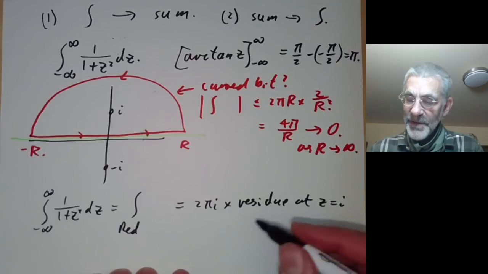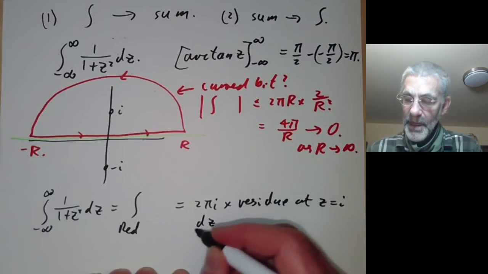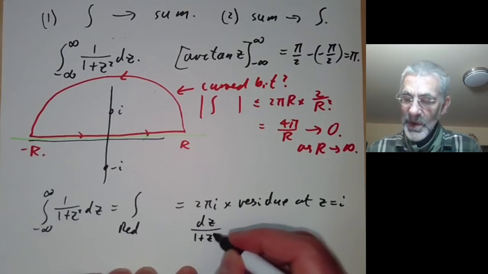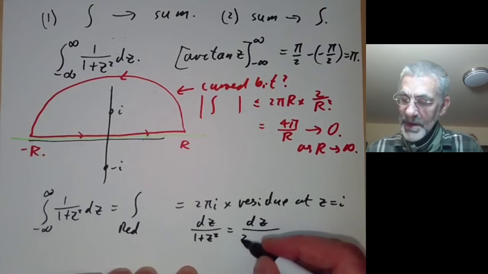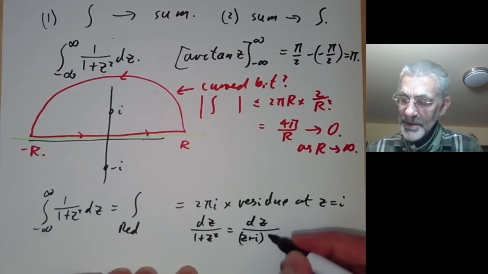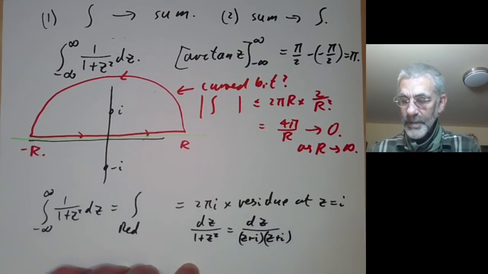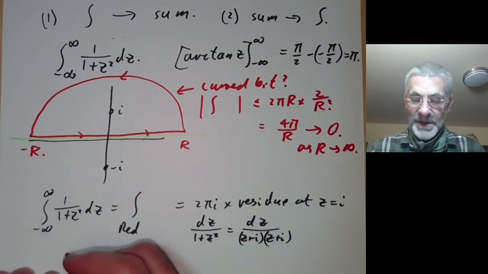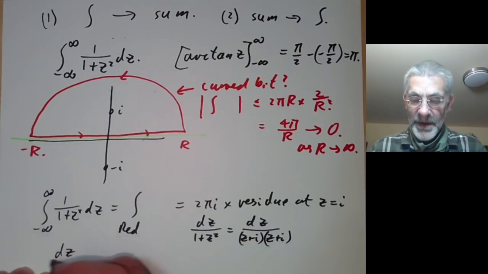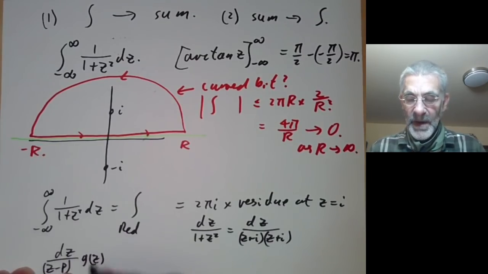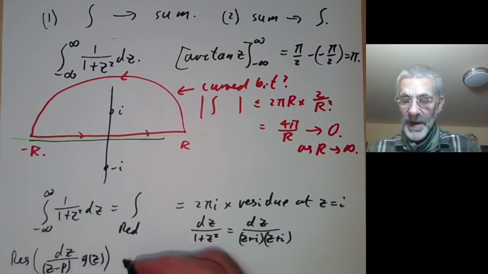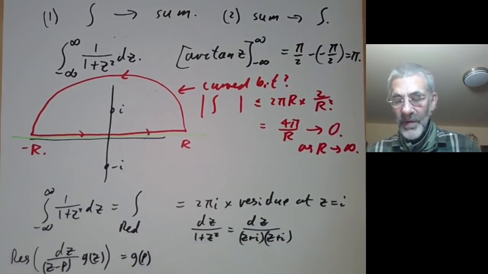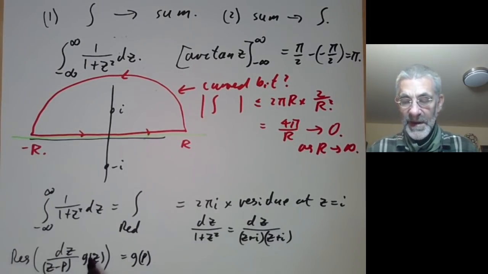So now we need to figure out what is the residue at z equals i. What we're trying to figure out is the residue of dz over 1 plus z squared. And it's useful to write this as dz over z minus i times z plus i. Now we notice the residue of dz over z minus p times g of z at z equals p is just g of p, provided g of z is holomorphic at z equals p.